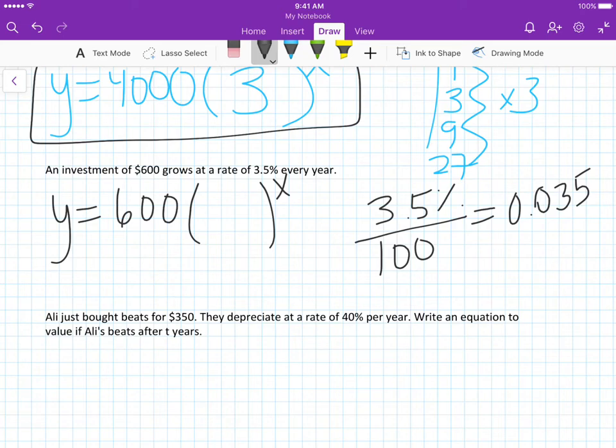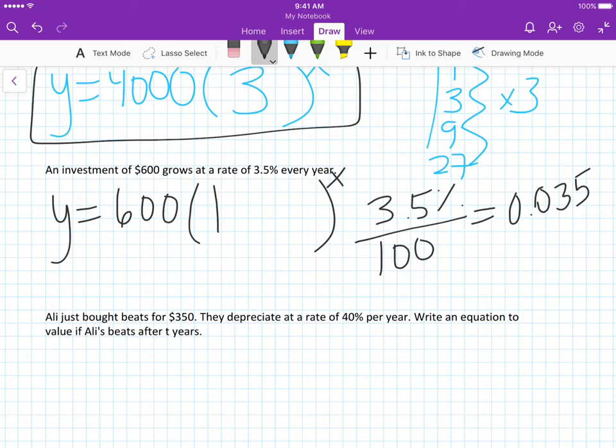But that's confusing to me too, because if I put that in, that means 600 is going to get super small really fast, and I'm going to lose a lot. So I have to remember that my equation said 1 plus or minus the rate. This is because you have to start with your whole, your 1, and you either add or subtract based on what this percent is doing.